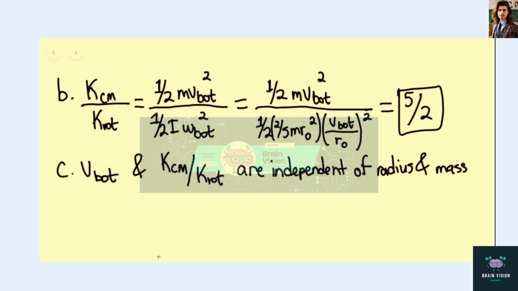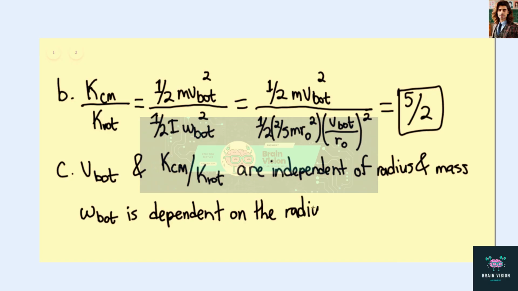And then we can say that the rotational speed, the angular velocity at the bottom, is dependent on the radius. That would be our answer for part C.